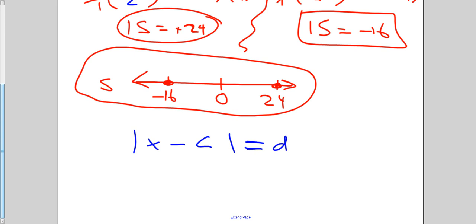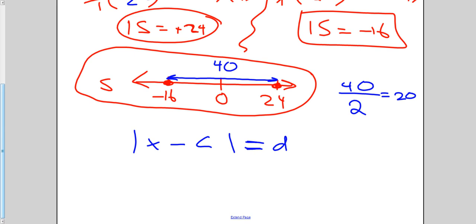And so, well, let's look at what we're talking about. We are from negative 16 all the way to 24. That distance is 40. Okay? But 40 is how far it is from one end to the other end. In order to find out the part in the middle, what I'm going to do is divide that 40 by 2.